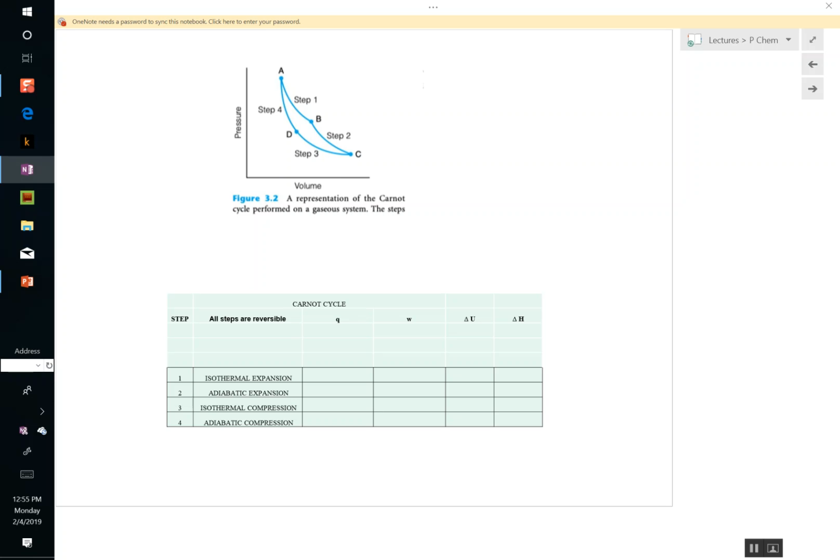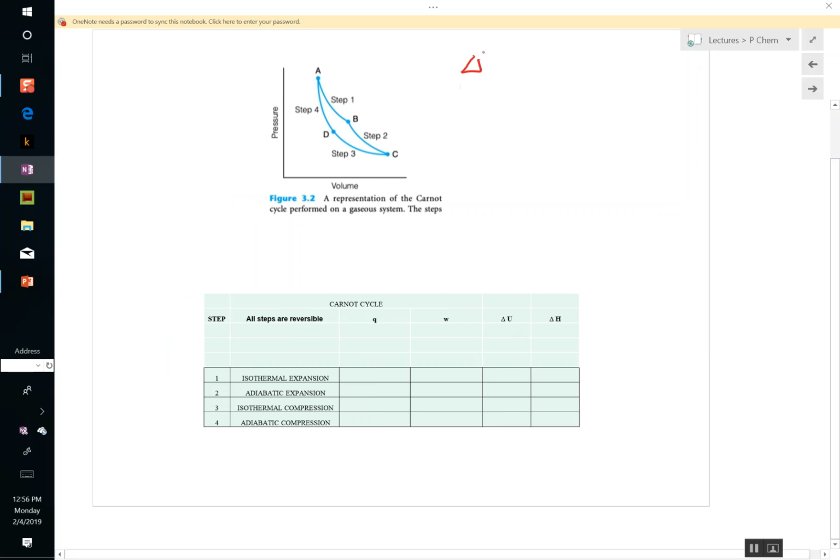So really nothing's changed from the state function, but the path-dependent functions, heat and work, there are things going on in each one of these steps. So without putting any numbers here, well, we can put some numbers in some cases, but what is going on with heat, work, internal energy, and enthalpy?